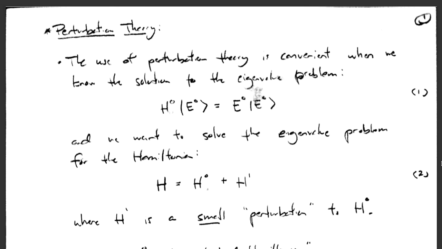And the use of perturbation theory has applications in all types of physics. It's one of my favorite topics because it's extremely important to high energy physics, where the Hamiltonian itself is so complicated, well, it's complicated enough that you can't solve it exactly, and so you have to resort to approximation methods.